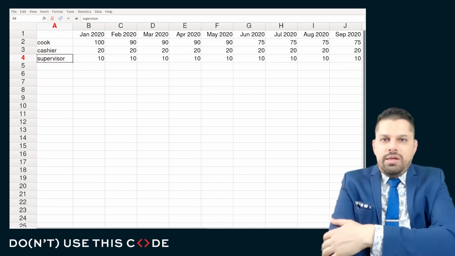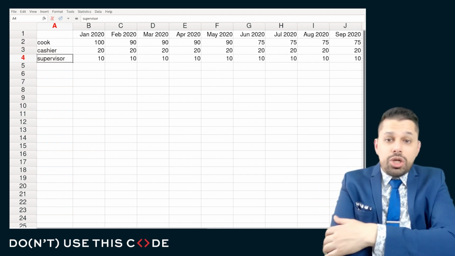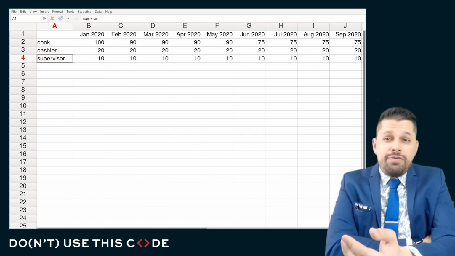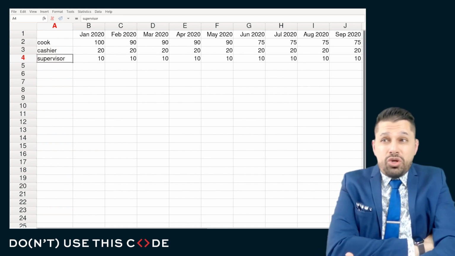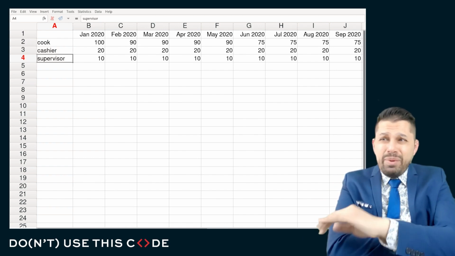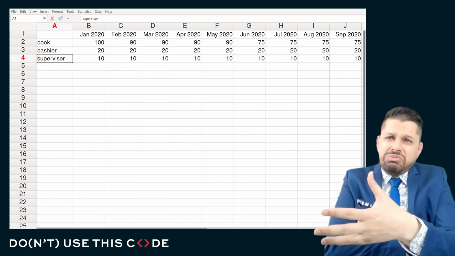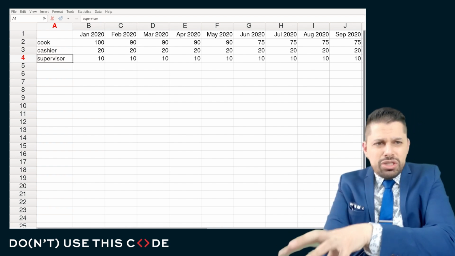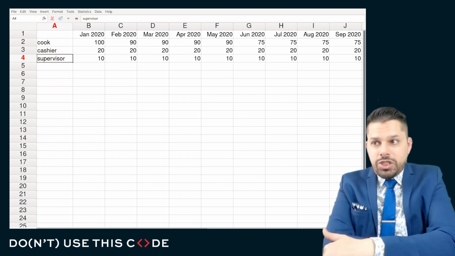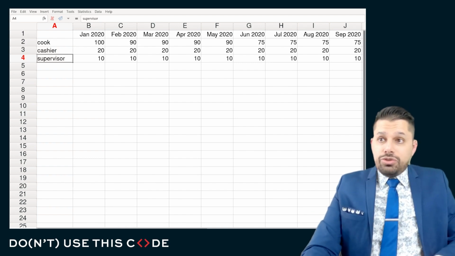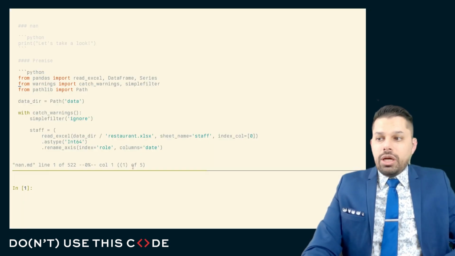They've gone off for the summer, and so we don't have as many cooks. Or maybe as a consequence of us seeing reduced demand, we're going to reduce the total number of cooks we have. Maybe we'll keep the cashiers that we have and the supervisors stable. And from information about my cooks, cashiers, and supervisors, and information about my sales, I should be able to do some analysis of how the business is going to go.